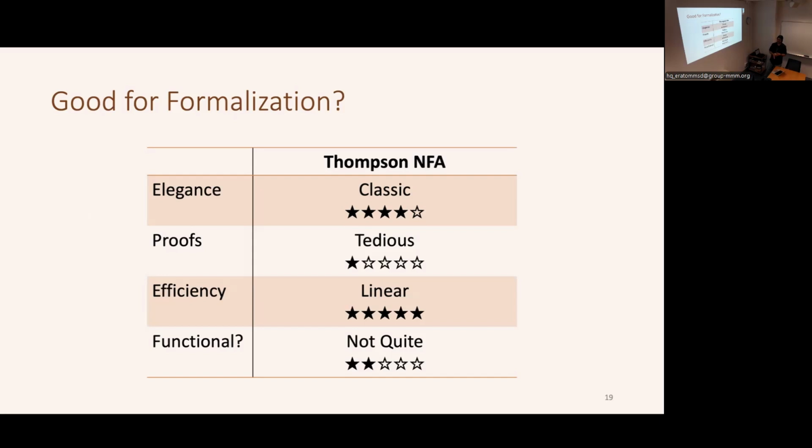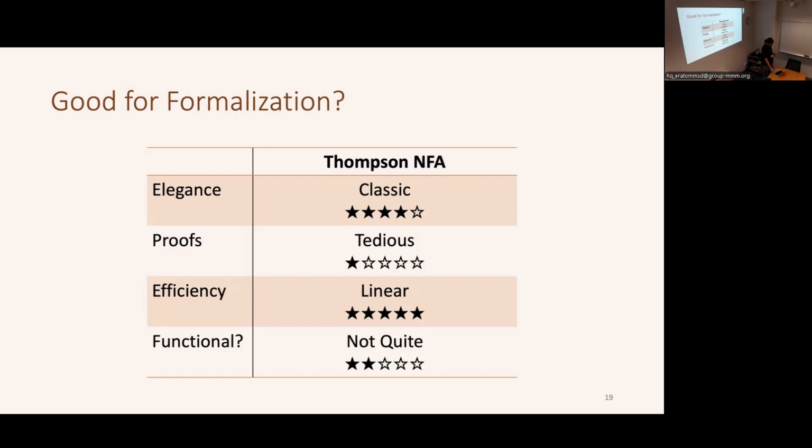And proofs, I found these proofs quite tedious. And this is also extremely efficient, because my approach aside, you could have a very compact representation of the automaton and very efficiently do all of these things which I'm doing. And functional maybe, but we have quite a few hiccups on the way. So maybe not so much functional.